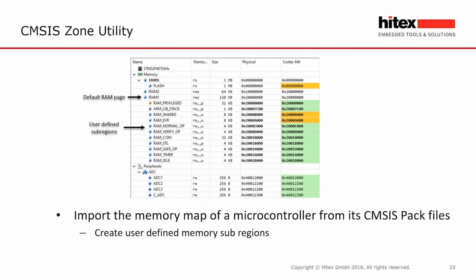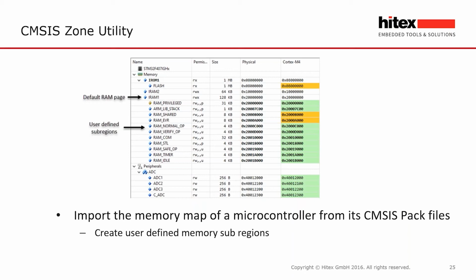So we'll have our default pages of RAM. We can then create our subdivision of those pages. These are really the code that we're going to allocate to our different threads and different components that are in the code.